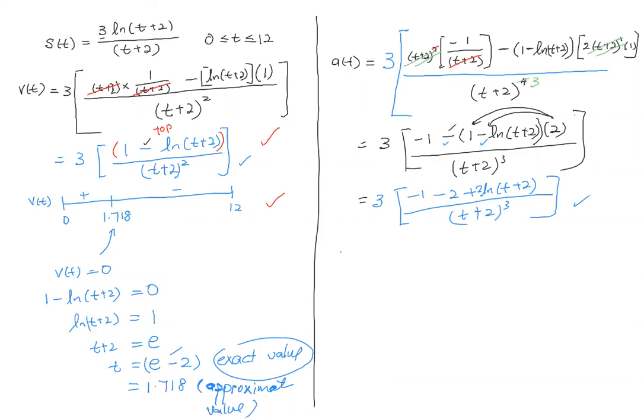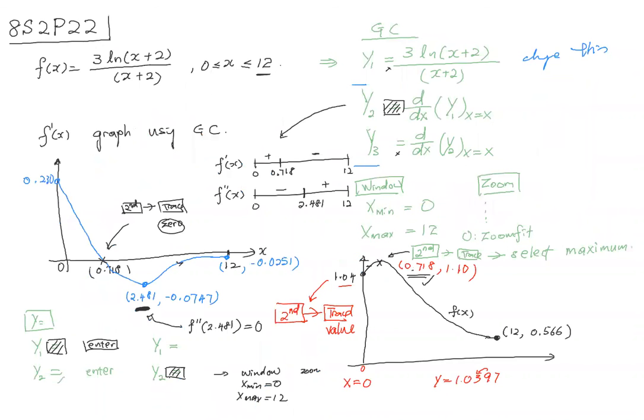So you want to do your a(t) sign diagram? You can do it even if you don't have the function. You have the graph, correct? So just now from the front, you can get 0 to 1.2, and from here 2.481.